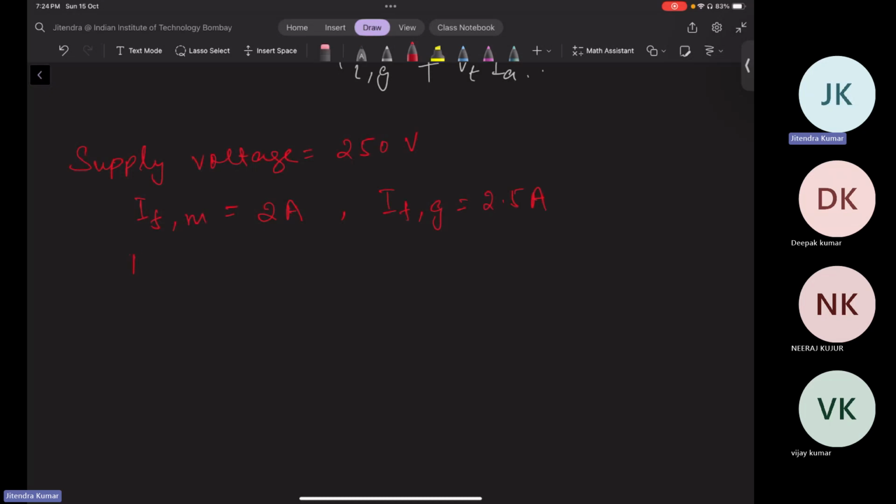Armature current of generator is 60 amps, and current taken by the two armatures from the supply, basically IA, is 15 amps.